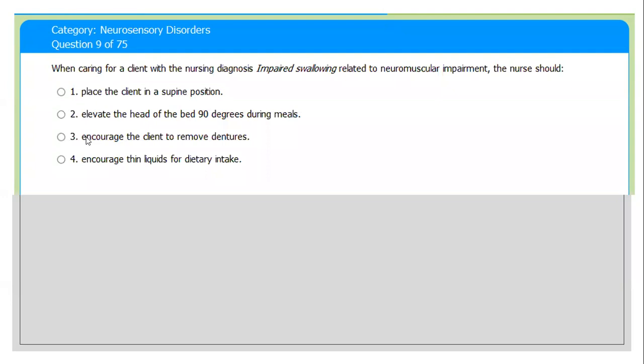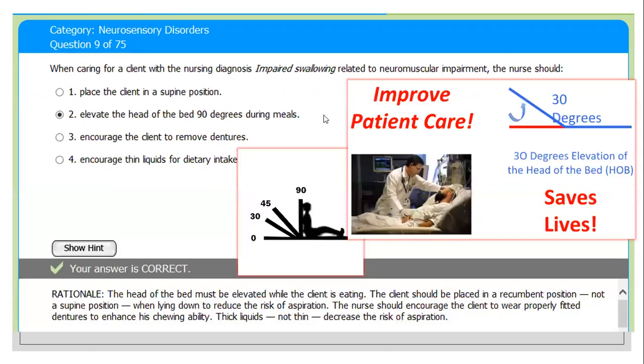Number three, encouraging the client to remove the denture and encouraging thin liquid for dietary intake. So number three is a good choice, but what are the most priorities? This is the answer.